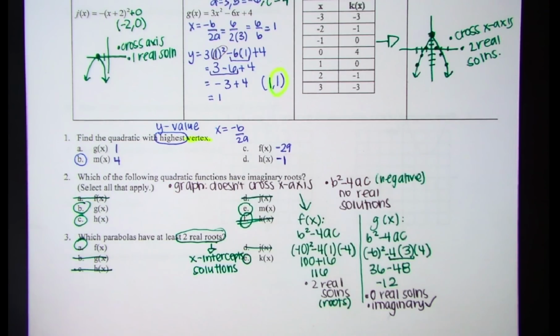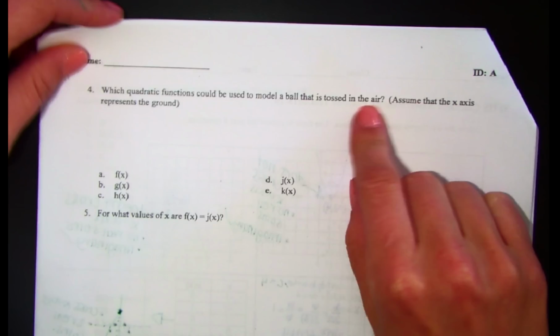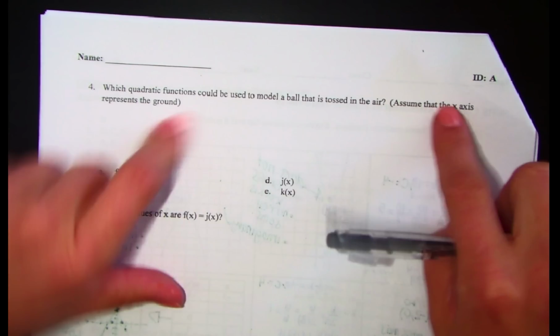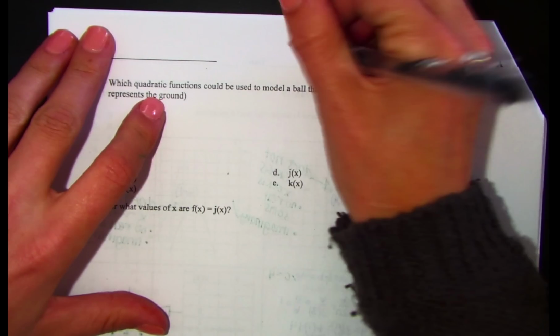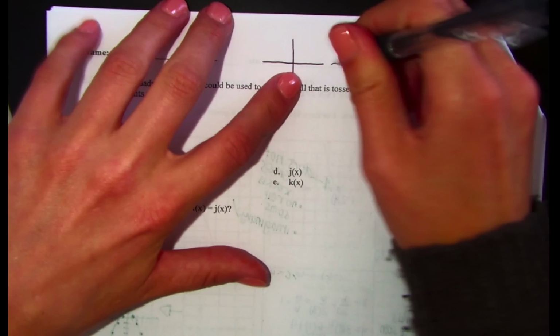Number 4 is asking which one of these graphs that we have on the front could be used to model a ball that is tossed in the air. And they're assuming the x-axis represents the ground. So what they're looking for is on the x and y-axis, the x-axis is going to be the ground.